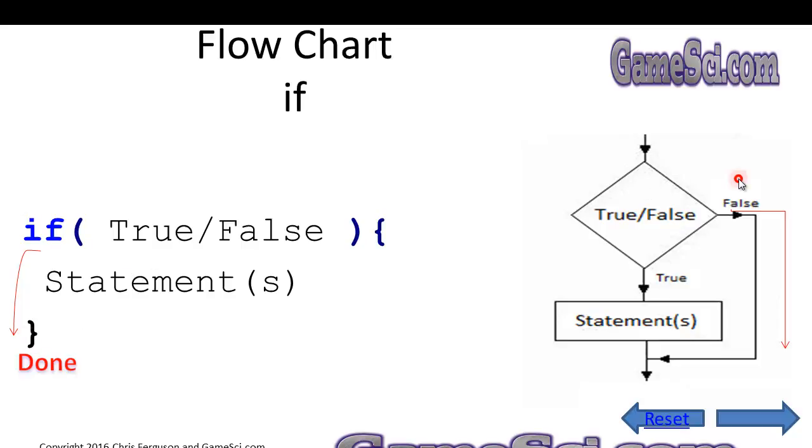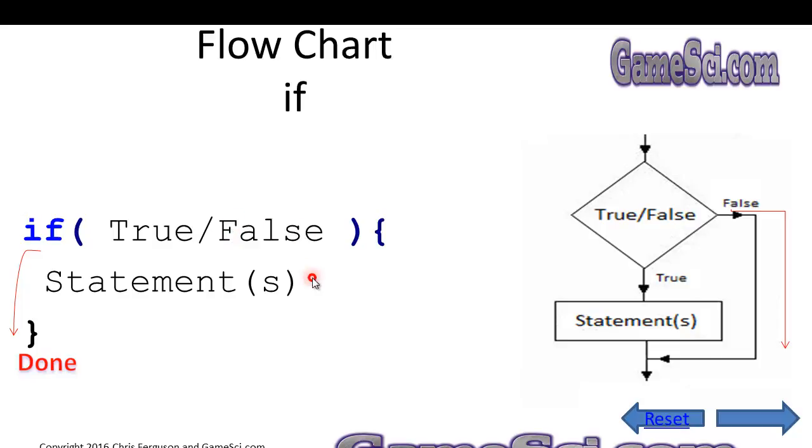And if you look at the path outside of the flowchart, it takes a path around the block of statements and continues on with the program. That's it. All the flowchart is doing is graphically showing you what this code is doing.